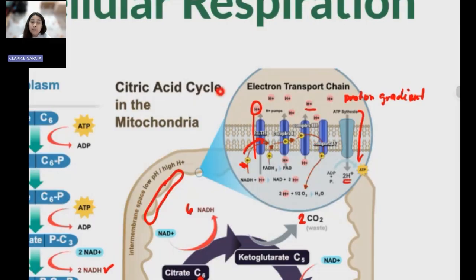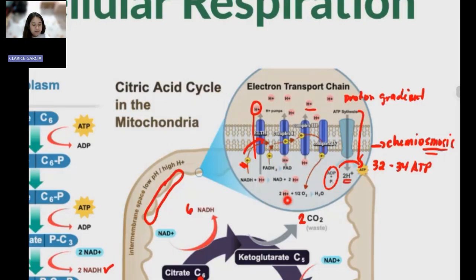Then the ADP attached to the ATP synthase will be connected to inorganic phosphate, creating ATP. This process is called chemiosmosis. You know, right? Osmosis, the high to low concentration gradient. This process creates 32 to 34 ATP.